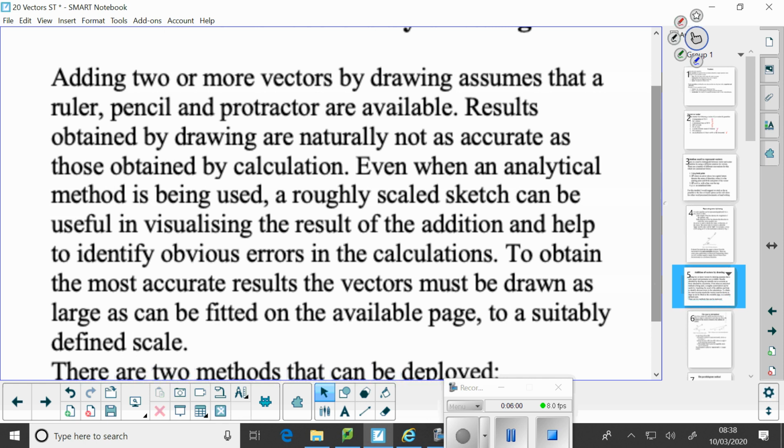If you're asked to do that in this way, you need to draw as big as you can fit on the page.